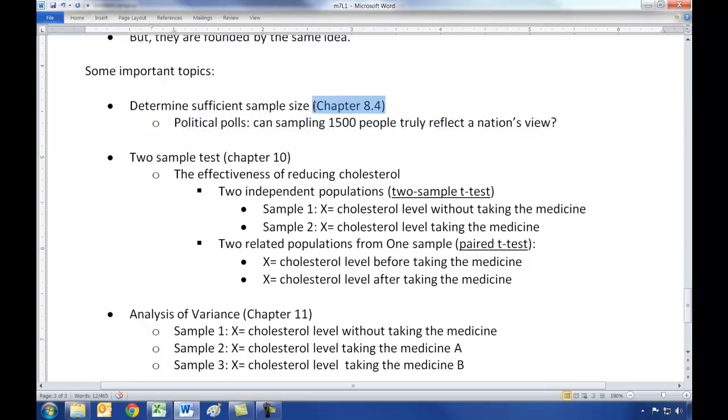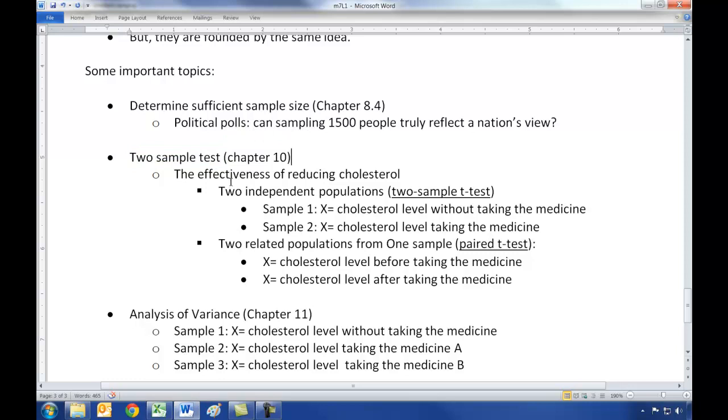Chapter 8.4 provides a brief discussion on this topic. And in chapter 10, the two-sample hypothesis test is discussed.